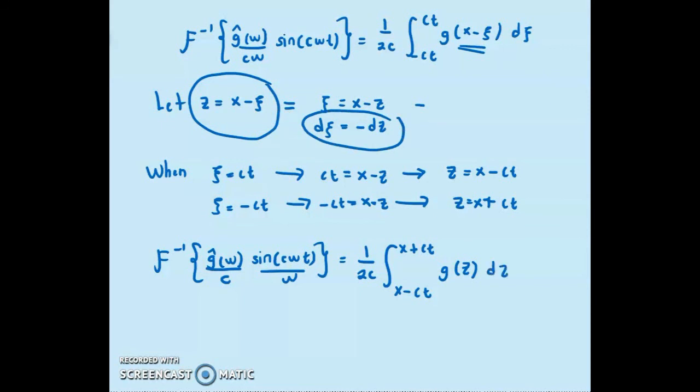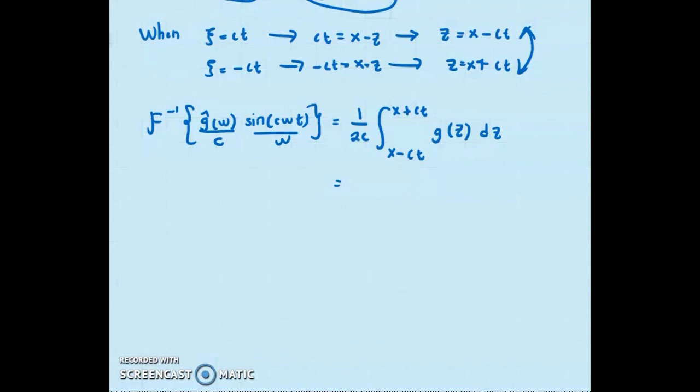Remember we have made the transformation. With the negative sign here, you swap the two limits. So this is what we have obtained for the Fourier inverse of this.